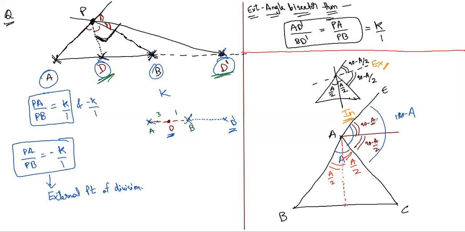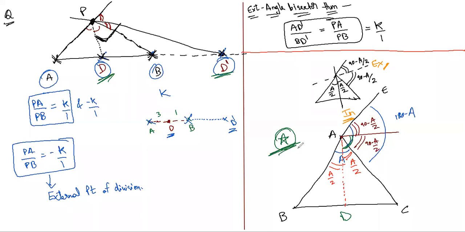ठीक है? Now this is a very very important point what I am telling. What is the angle between the internal angle bisector and external angle bisector? ये पूरा एंगल कितना होगा between these two bisectors? 90.